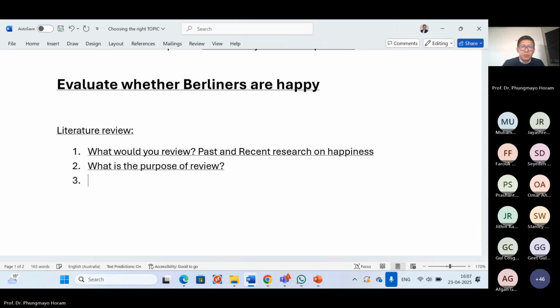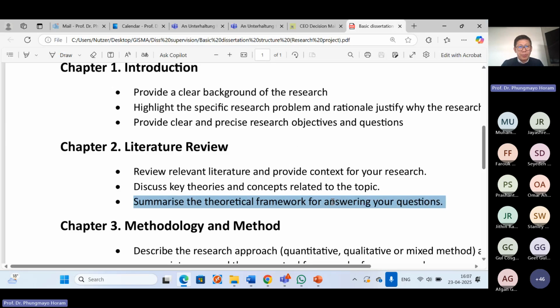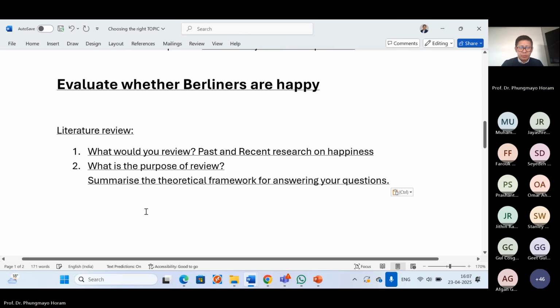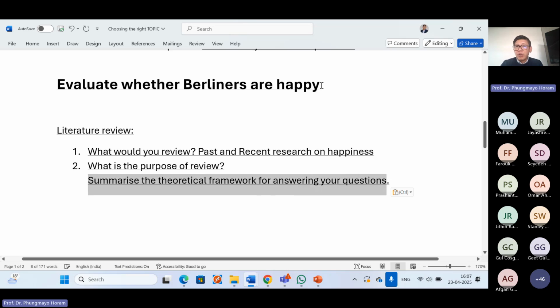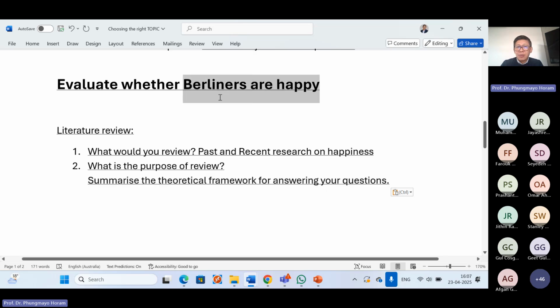Let's just copy paste this. At the end of the literature review, you need to summarize your theoretical framework for answering your research question. If your research question is happiness, then you need to find out what defines happiness.